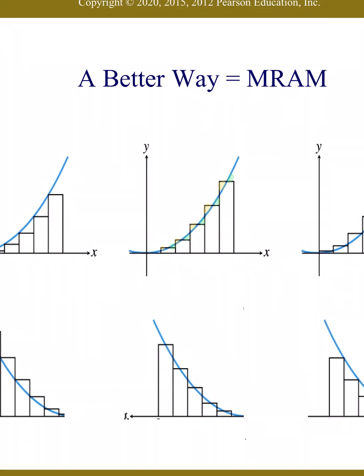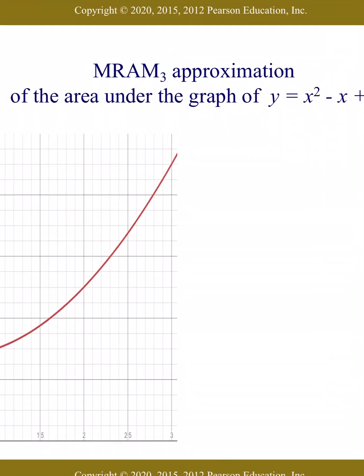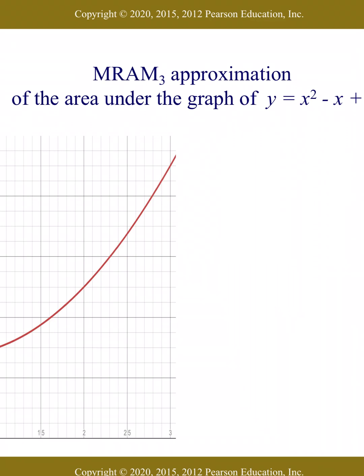All right. So based on my instructions at the top, we're going to start with MRAM sub 3, only doing 3 intervals for starters. We talked yesterday. What's another way of improving our accuracy? More intervals, but we're going to start with 3. All right, so we divide this into 3 intervals.